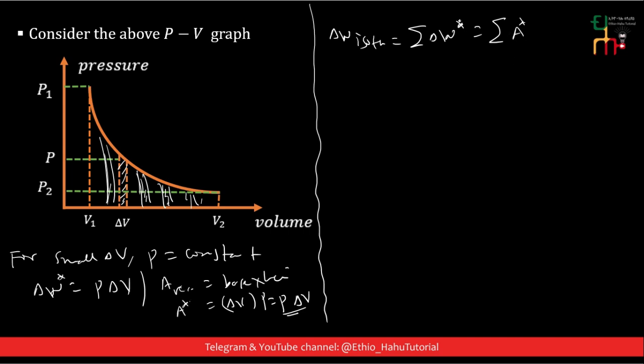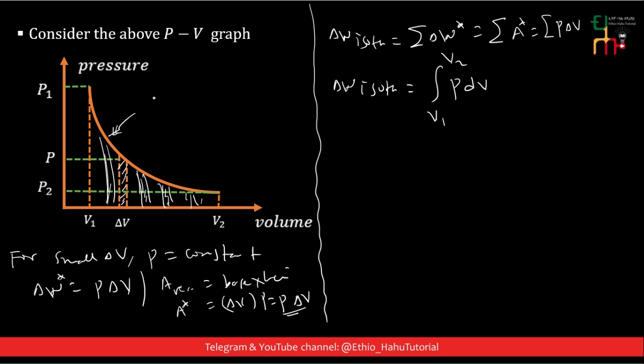To find this total area, we need to apply integration. If change in V is very small, we can convert this change in V into derivative. Therefore, work done in an isothermal process is equal to the integral of P times dV from V1 to V2, because A asterisk is P times delta V.